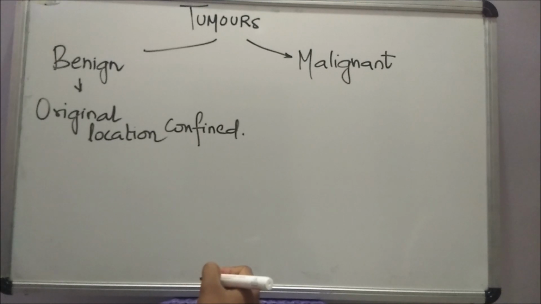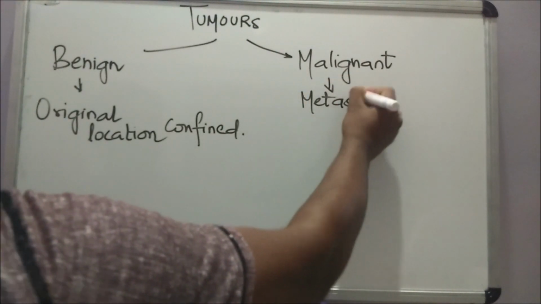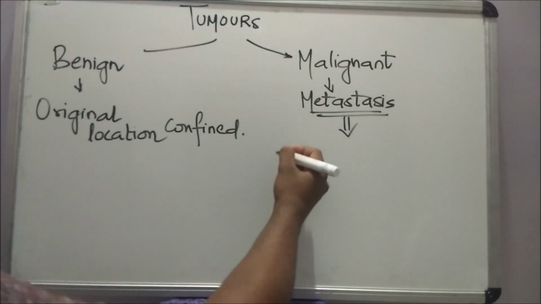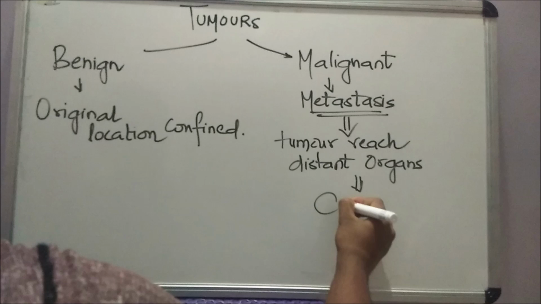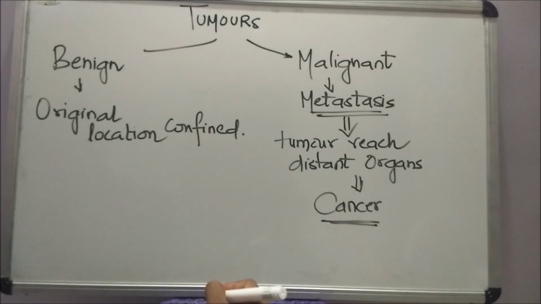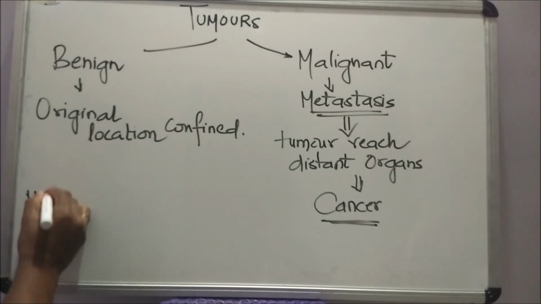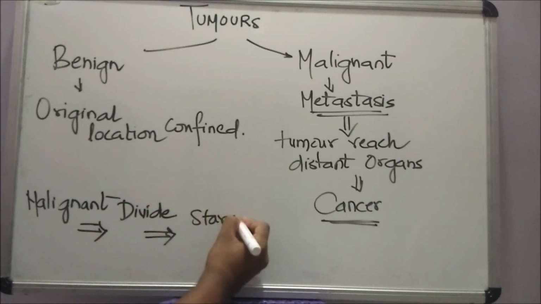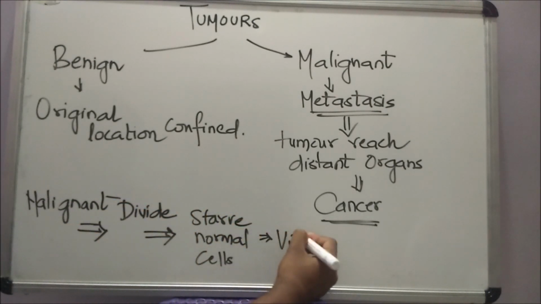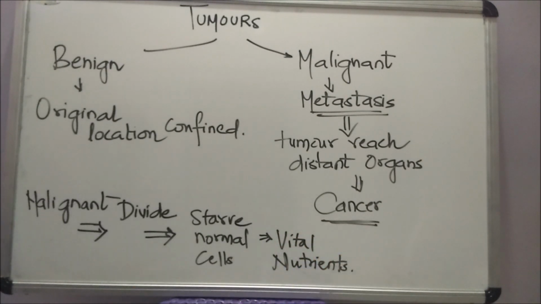Whereas malignant tumors exhibit a process called metastasis, where these tumors reach distant sites and organs and new tumors are formed. Malignant tumors actually represent cancer. The cells actively divide, grow and starve the normal cells of vital nutrients.